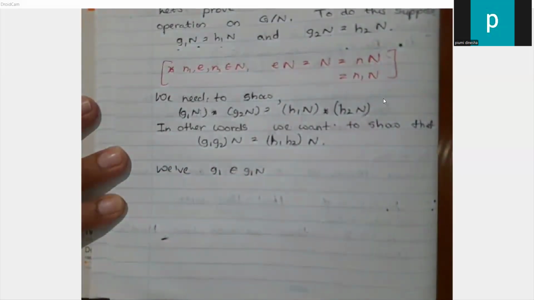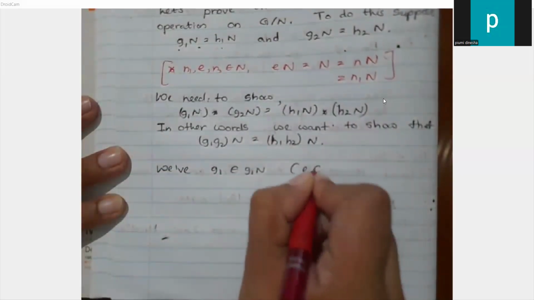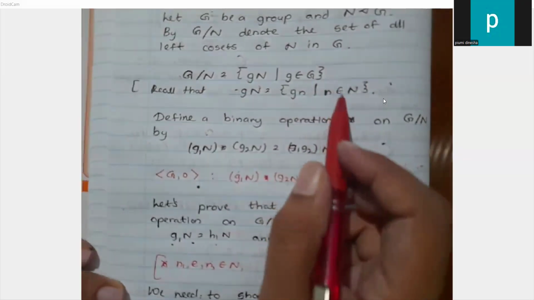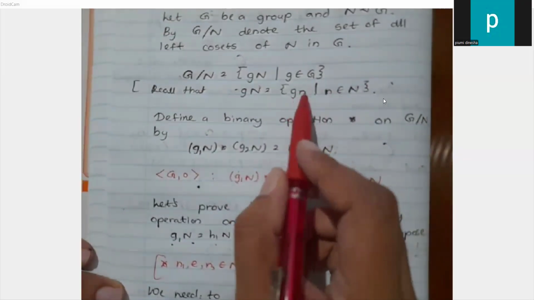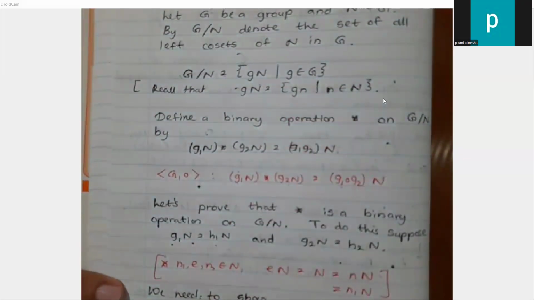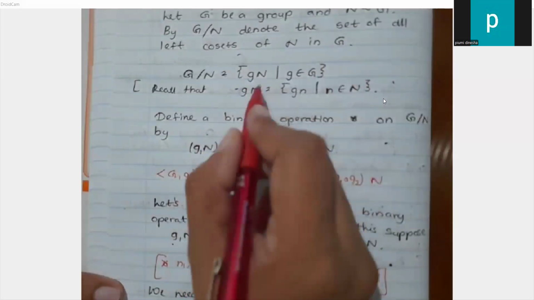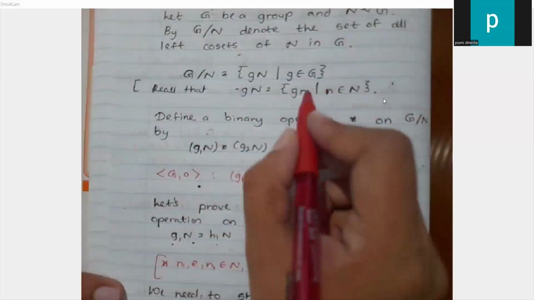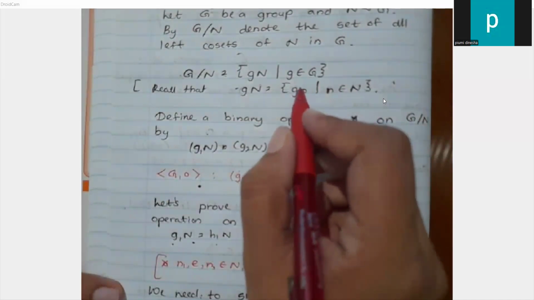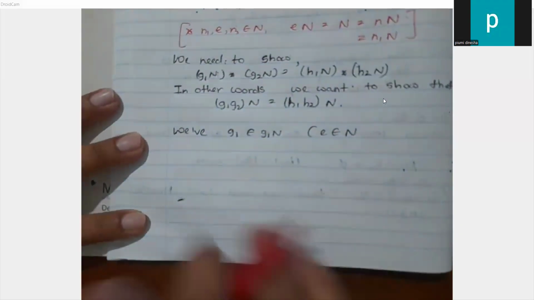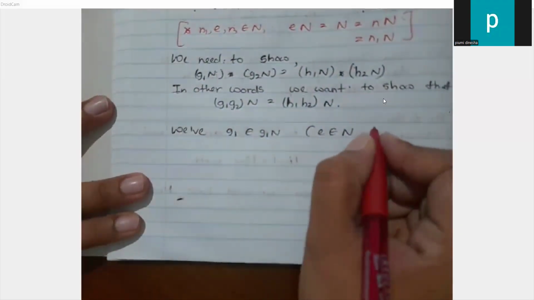Why is that? Because the identity is in N, right? And if you go back to this set, gN contains elements of the form g times n, where this n comes from that normal subgroup. Because it's a subgroup, the identity is in there. So whatever representative you put over here must belong in this left coset when you take the product by the identity. Right, so we see that g1 must belong in this set because the identity is in N.